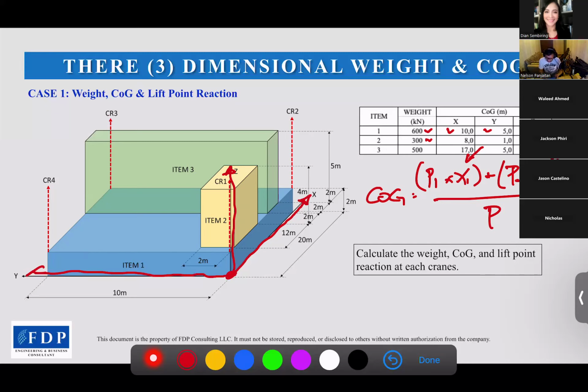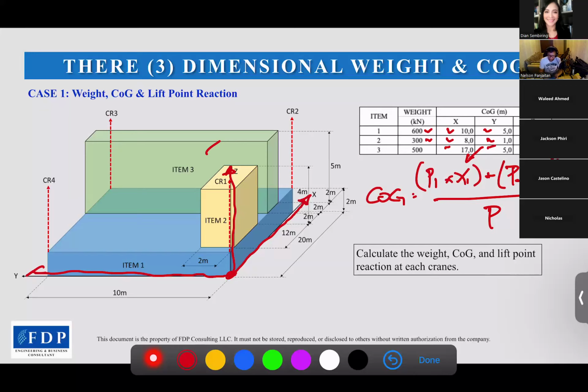For item two, the COG X is 8 meters, COG Y is 1 meter, and the Z is 4 meters. And for item three, the green one, it is 17 meters for the X, 5 meters for the Y, and 4.5 for the Z.